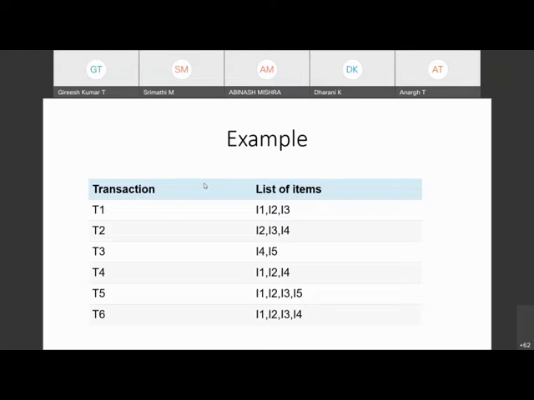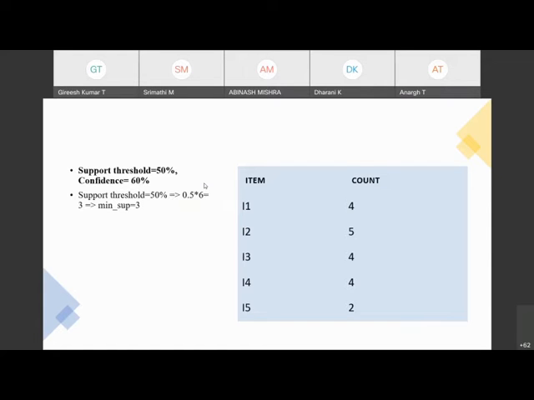Now this is the basic data set we have. In this example, these items may be features, or some items in the sense of sugar products, whatever it may be. Now you have to fix the minimum support and the confidence. Here I mention that the support is 50% and the confidence we are fixing as 60% initially.